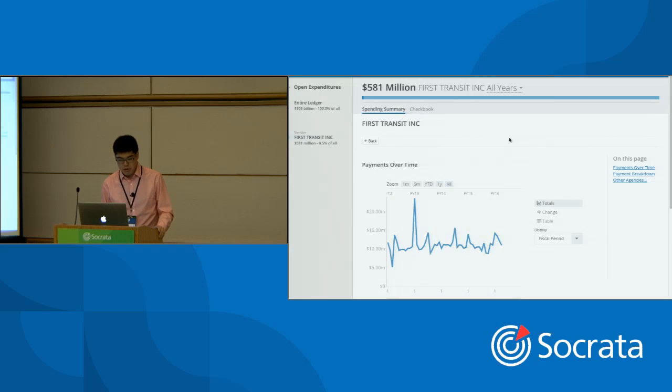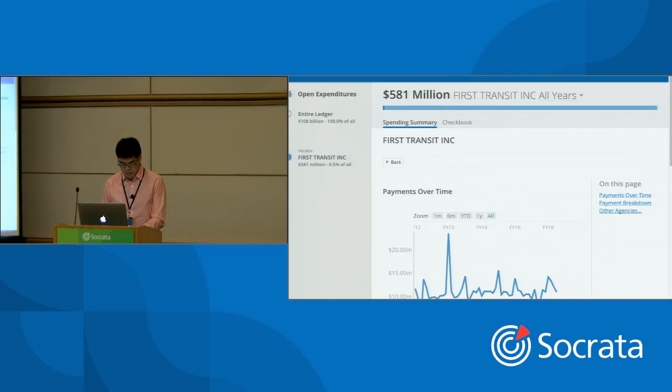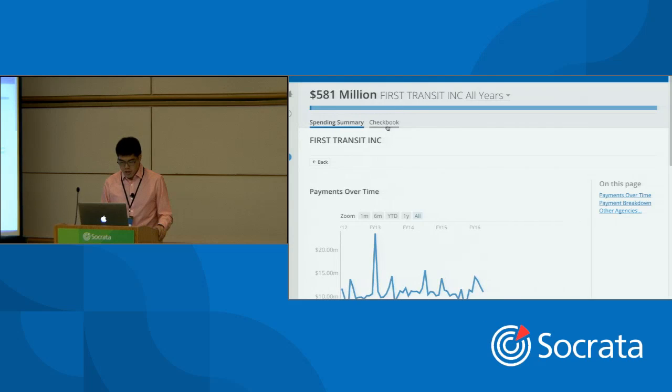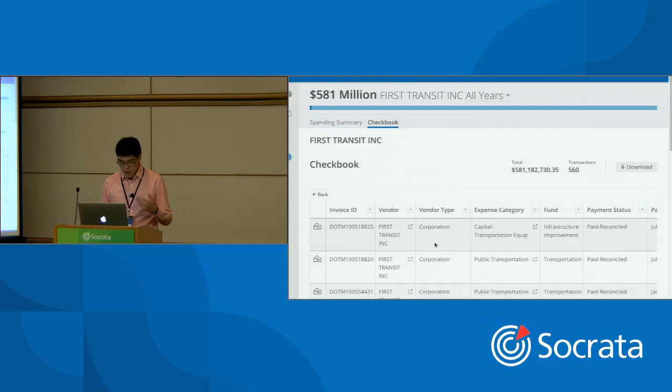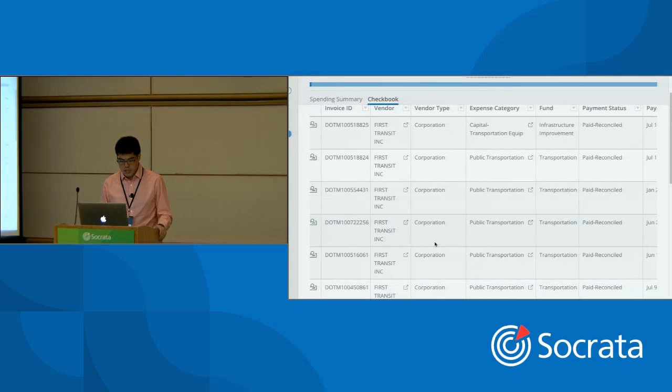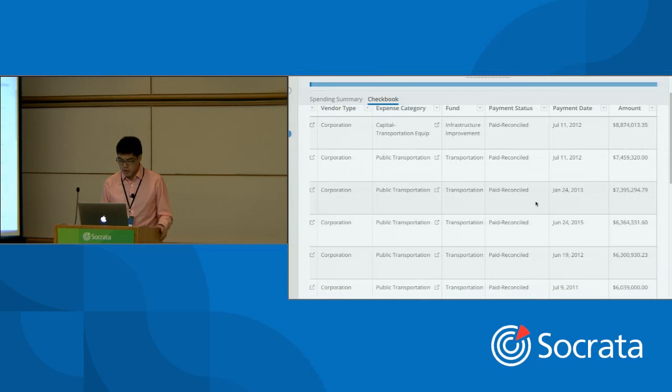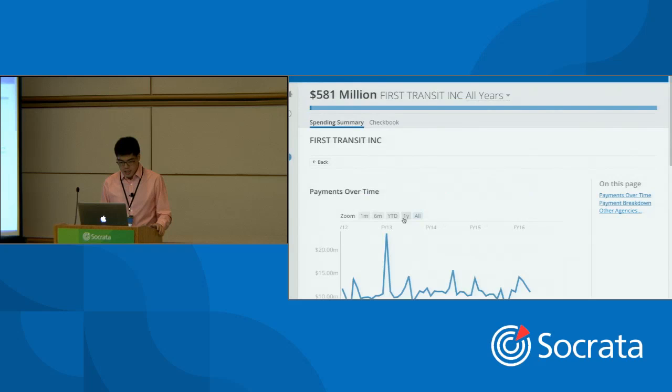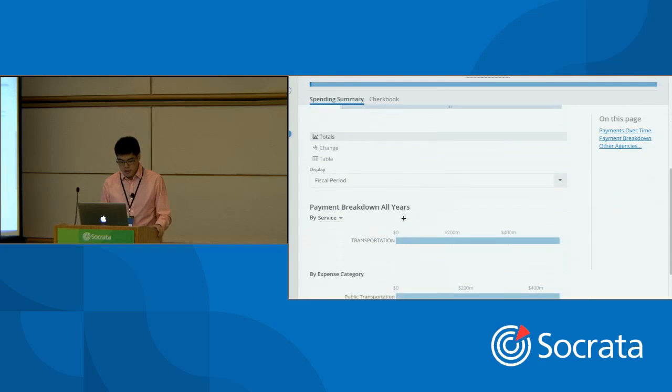Here we're looking at Connecticut spend over all the years they've provided this information, going back to 2012. They spent $581 million. Let me zoom this a little to make it easier for you in the back. Then I can see all the individual line item transactions Connecticut has had, when those dates occurred, how much they were for, et cetera. I get a good deal of insight here.